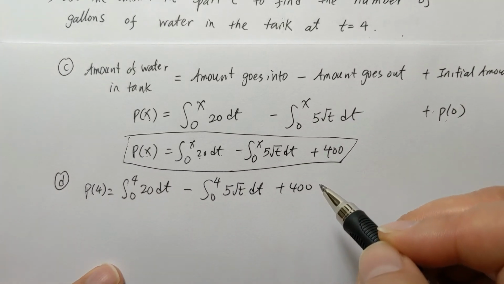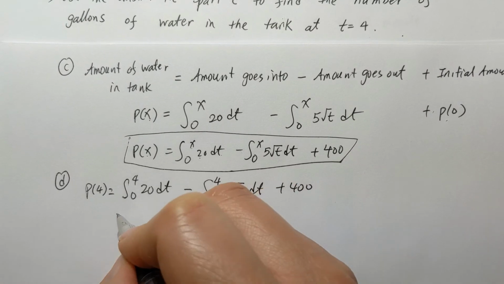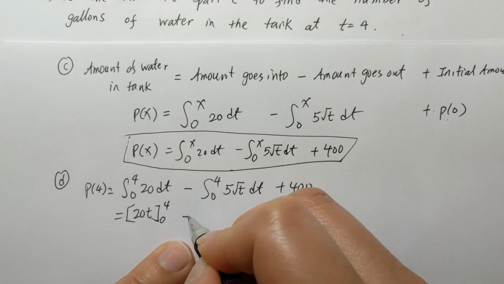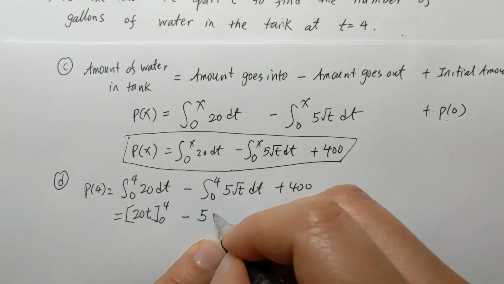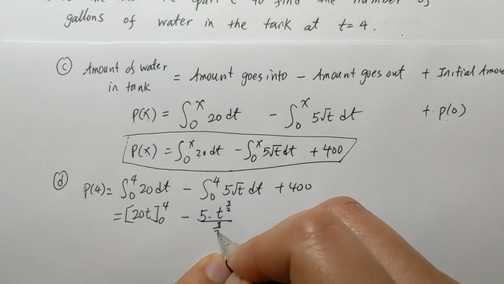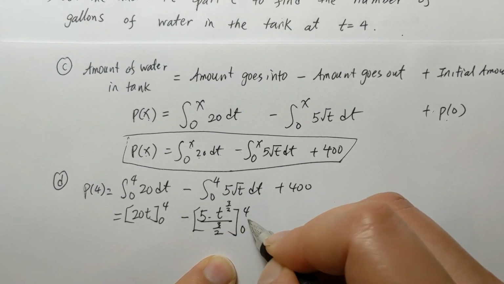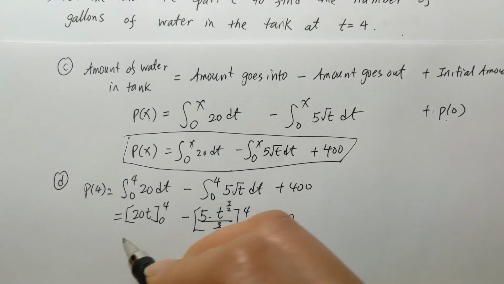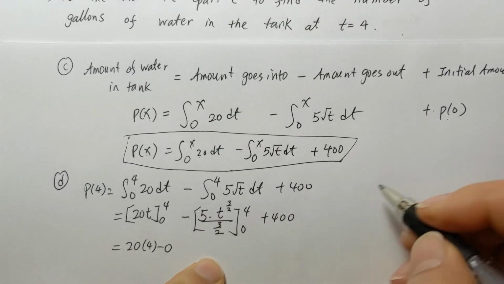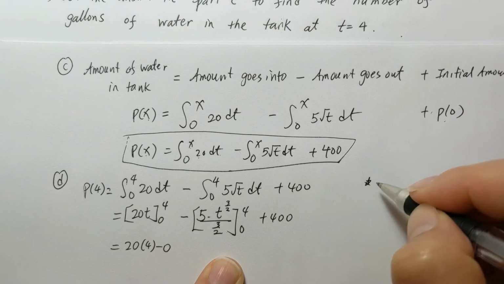From now on, we just integrate. So we get 20t from 0 to 4, minus 5 times t to the 3 over 2 over 3 over 2, from 0 to 4, plus 400. Here we have 20 times 4 minus 0. This other part I'm going to do over here.